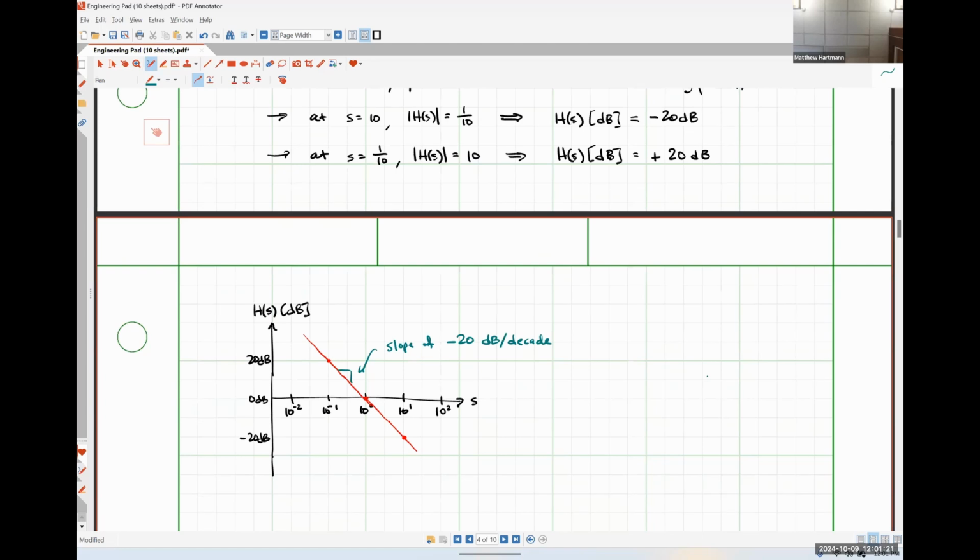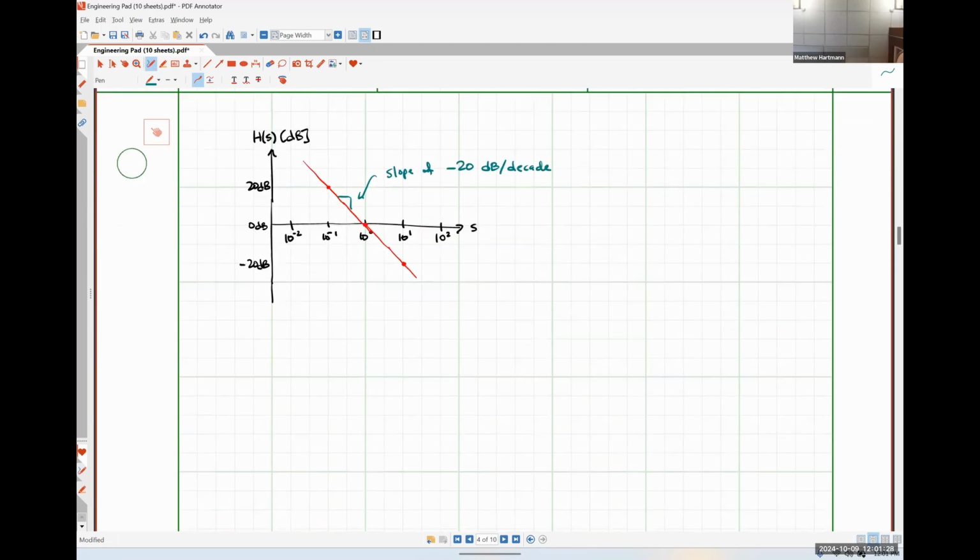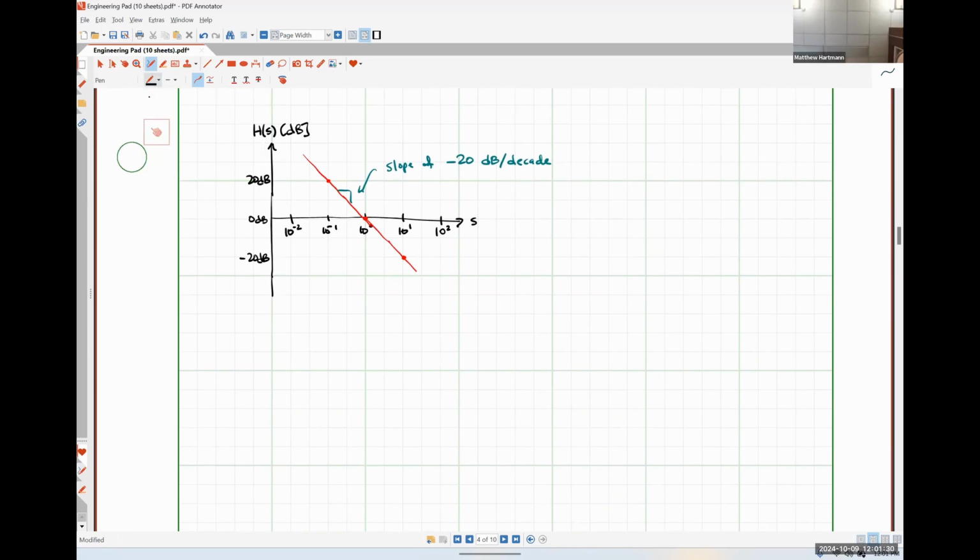So let's see if we can figure something out just knowing this, okay? As a quick example, let's say that I have H of s equal to 10 over s squared.